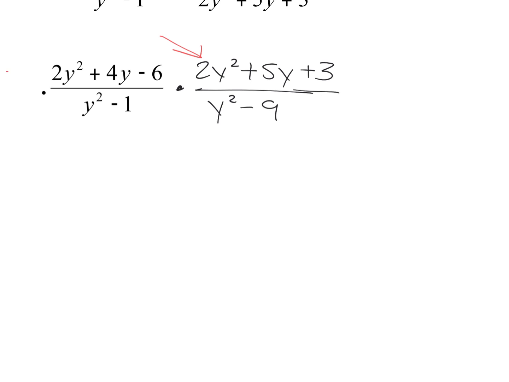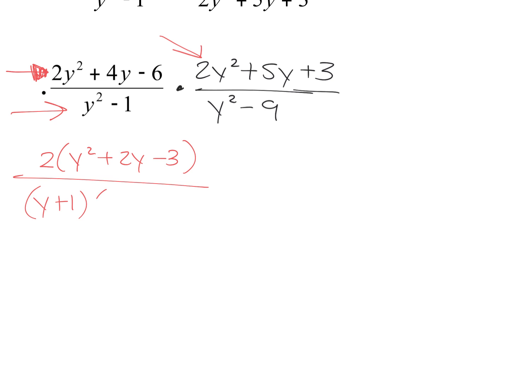Okay, what do we do with this numerator, this first one? Take out the 2, so y squared plus 2y minus 3. What do we do with the denominator? Y plus 1 times y minus 1, that's a difference of squares. What do you do with this denominator?